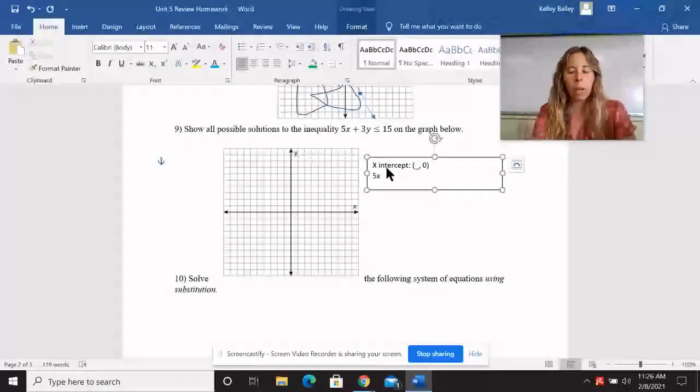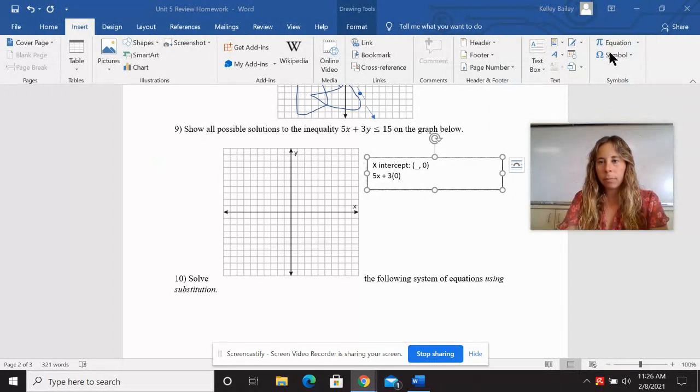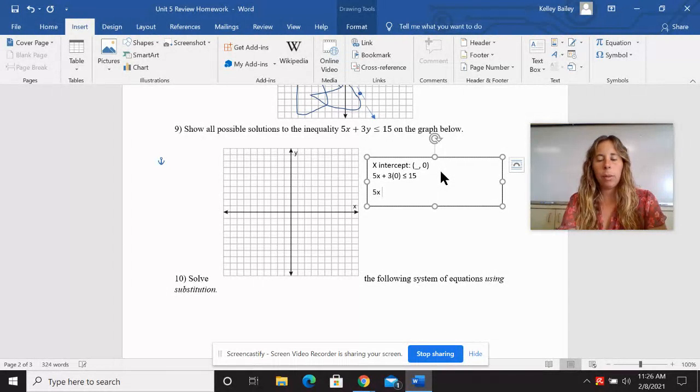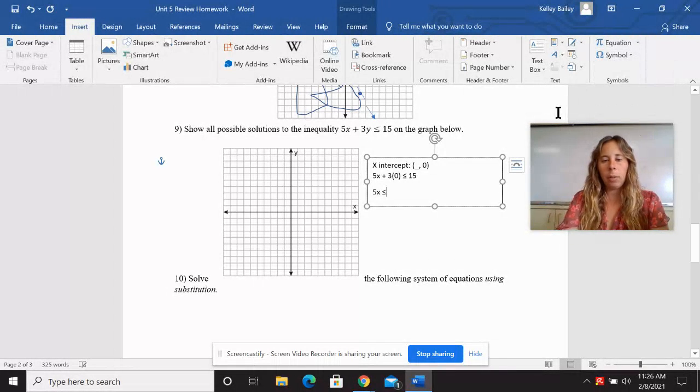5x plus 3 times 0 is less than or equal to 15. 5x. 3 times 0 is 0, so you get 5x is less than or equal to 15.